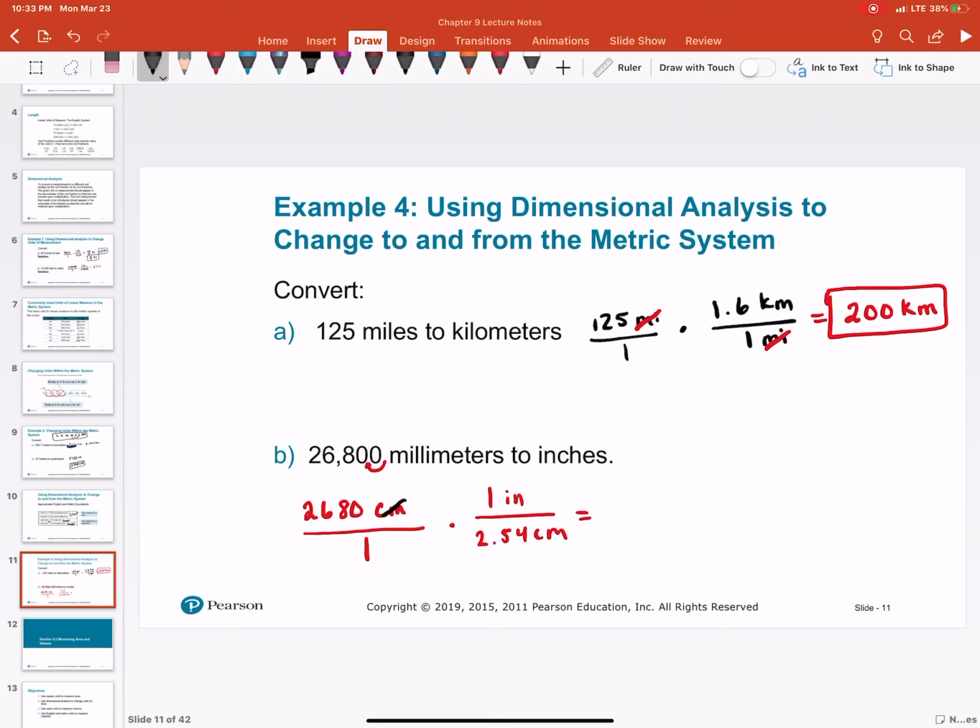And we know that the centimeters go away. And therefore, it's approximately 1,055 inches. So that's roughly, that's going to be what? Rounded.